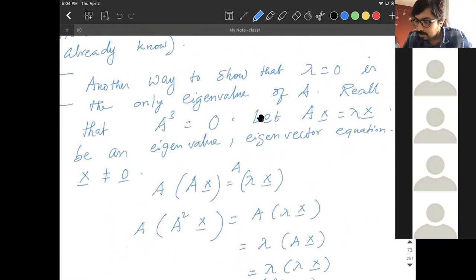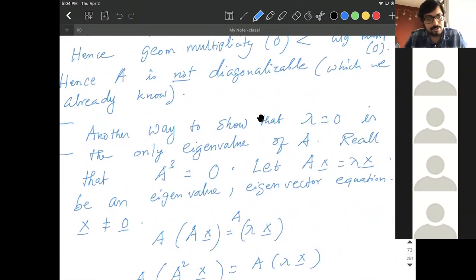So this is another way to show that lambda equals 0 is the only eigenvalue for this matrix. And this is not just restricted to A cube equals 0.